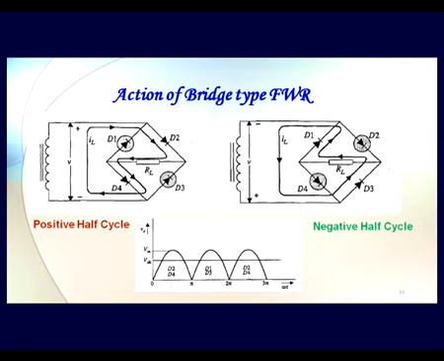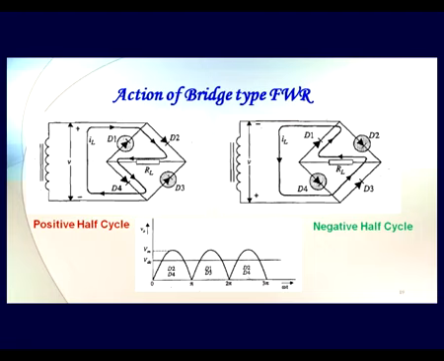In the negative half cycle, we are going to have a voltage where D2 and D4 are reverse bias, and this positive voltage from the lower part of the secondary is going to pass through D3, through RL, through D1 and back to the secondary. Now in both cases, the direction of current, if you see, is from right to left in RL.